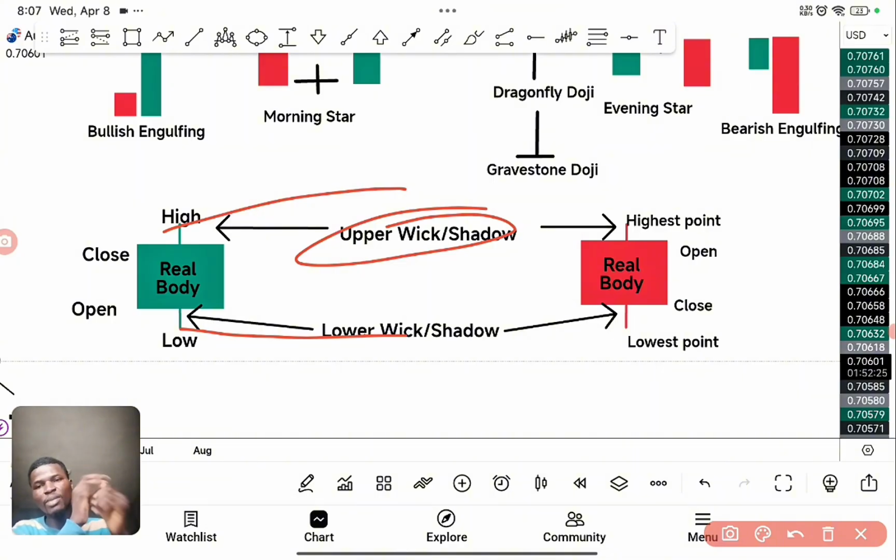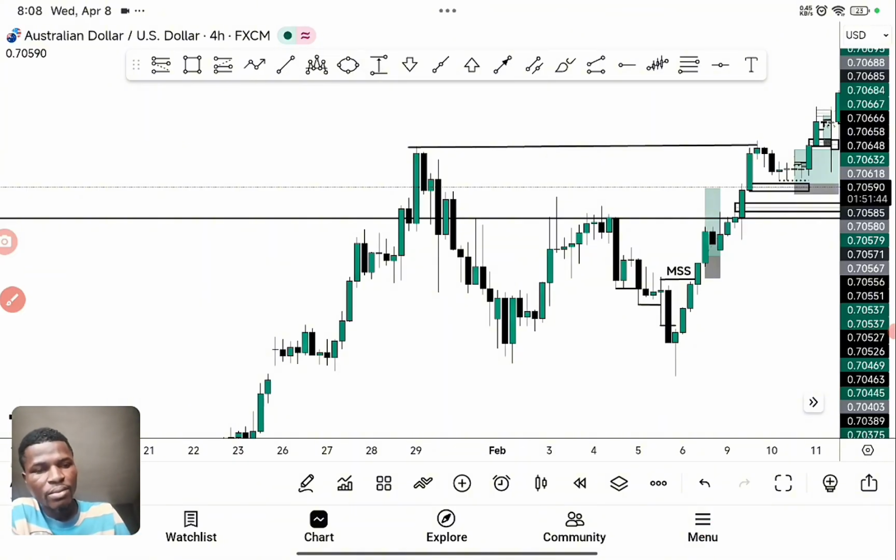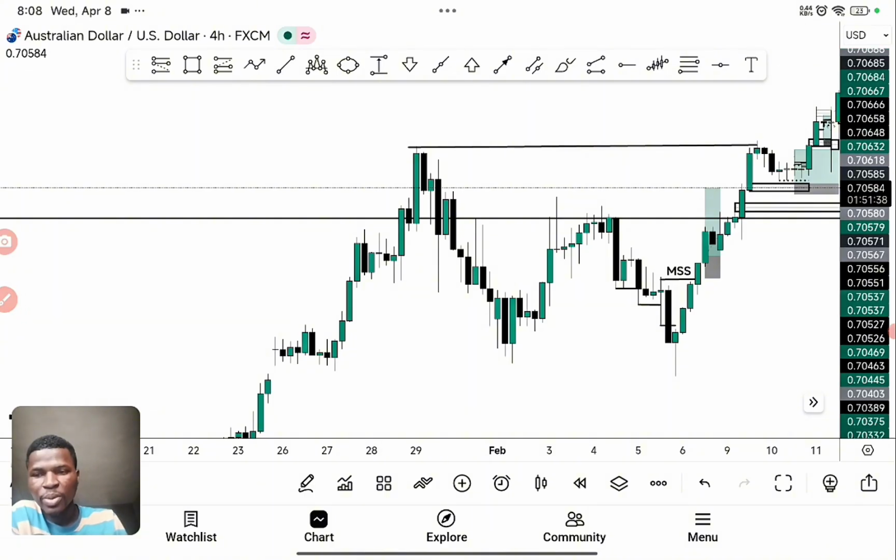As I've said before, let's go to the chart. I want to show you something. I said earlier that a candle has an opening price, closing price, highest level and lowest level.